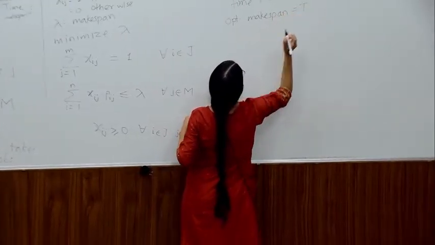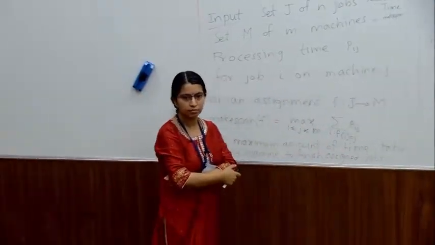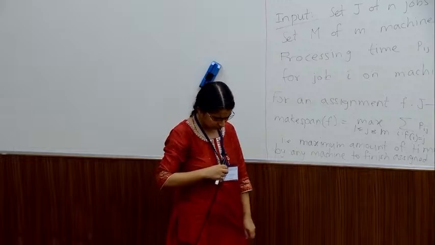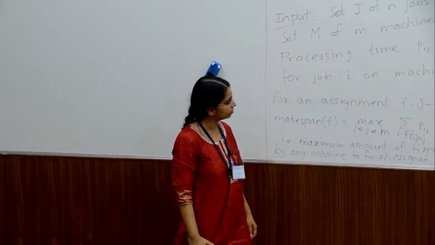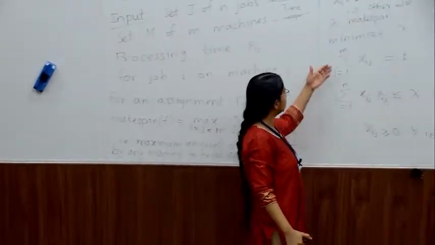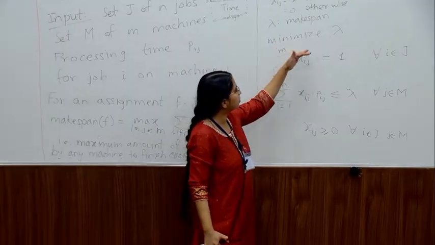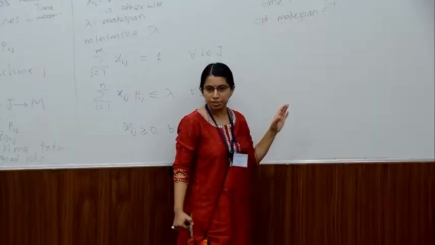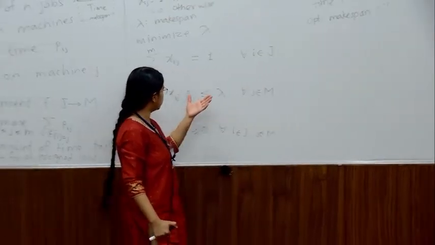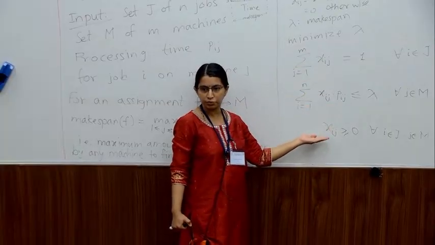What will the LP do? It will actually distribute the job on all the machines equally. Exactly. So this LP doesn't care whether xij's are integral or not. It will just try to minimize lambda. So what it will do is distribute this job across all the machines. Since we don't have an integrality constraint here, the xij's can take fractional values.